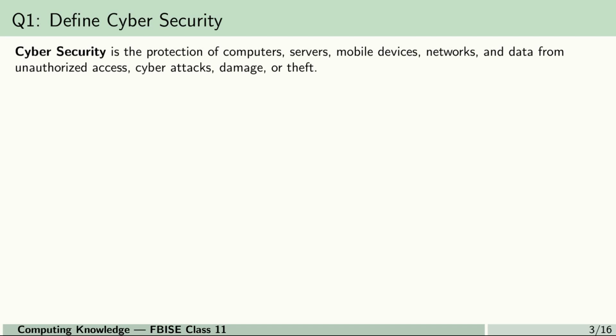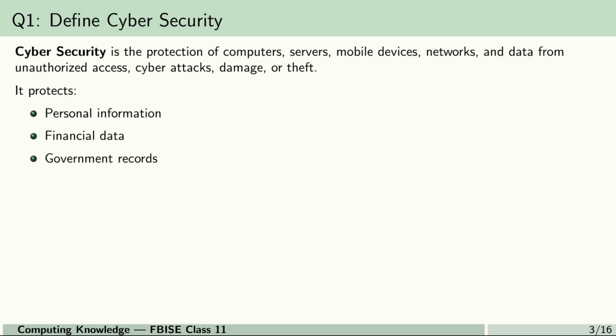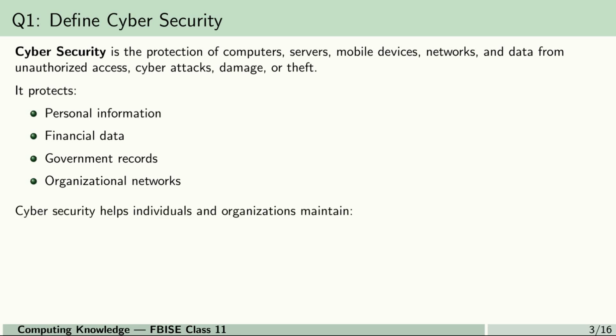Question number 1 is define cybersecurity. आपने define करना है cybersecurity को. Cybersecurity is the protection of computers, servers, mobile devices, networks, and data from unauthorized access, cyber attacks, damage, or theft. It protects personal information, financial data, government records, and organizational networks.